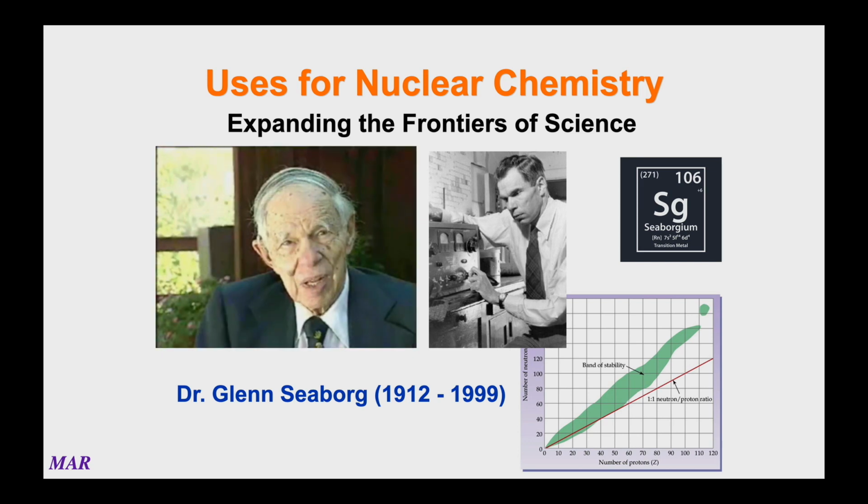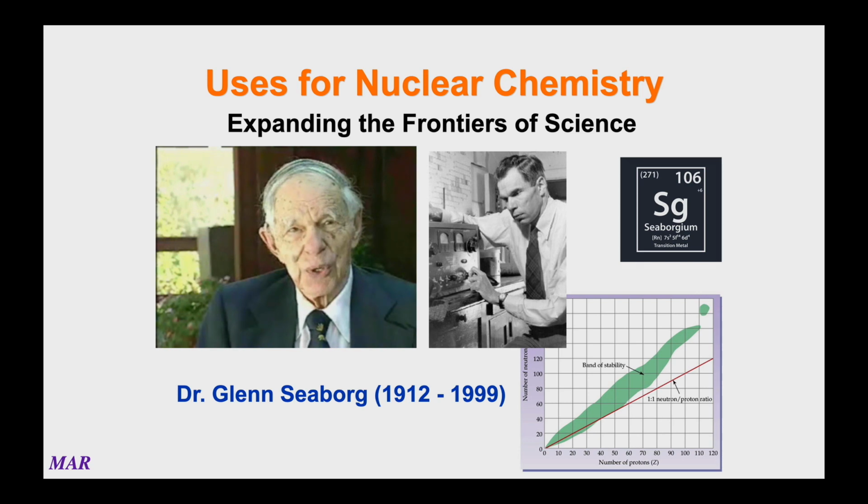And it looks like it's going to be possible as the years go on to synthesize and identify perhaps another half dozen transuranium elements. I think this will occur after I'm gone, but perhaps during the lifetimes of many of you, and perhaps some of you will be involved in the discovery of these additional transuranium elements.